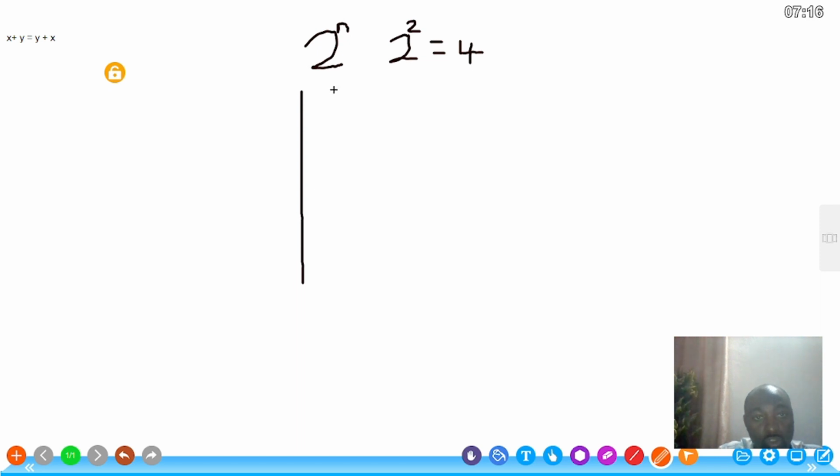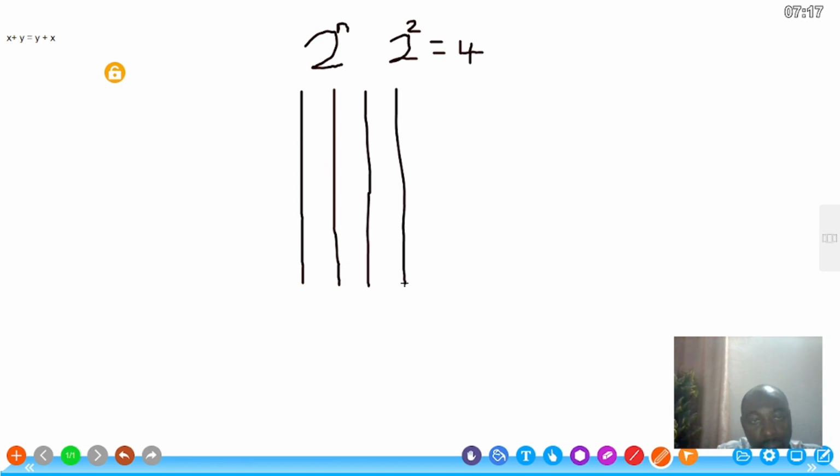So let's go ahead and construct our truth table for the variables x and y. We have it this way. So let's begin. We have x, and then we have y.